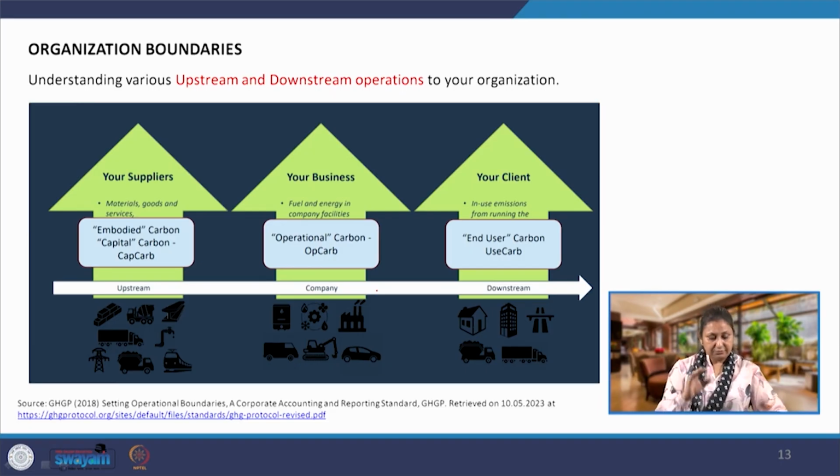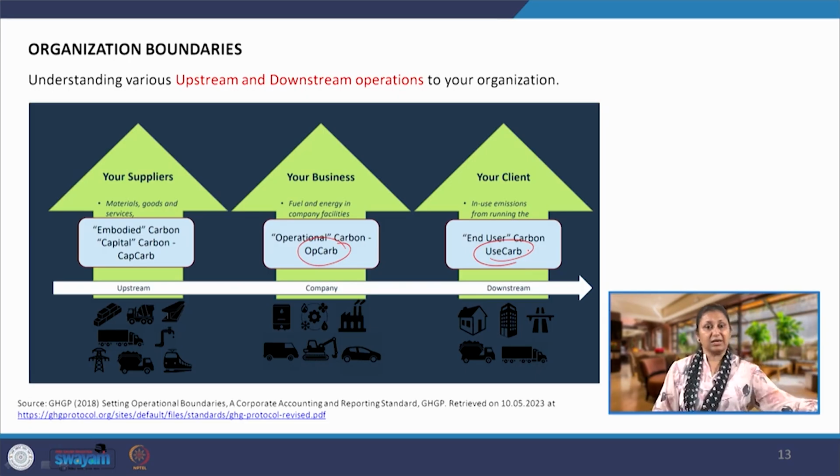So, we will have the operations of the company which are present here. We have to understand the operational carbon, or the emissions accruing from operations, which is known as OpCarb. We have the upstream and downstream operations. Downstream, for example, from the running, the in-use emissions, we will call it use carb.